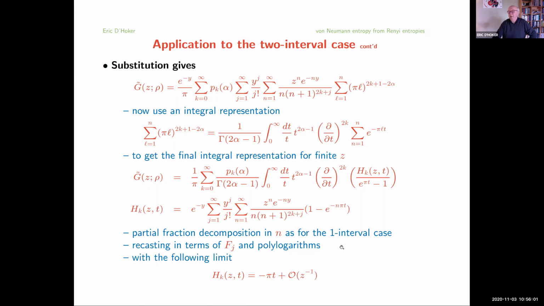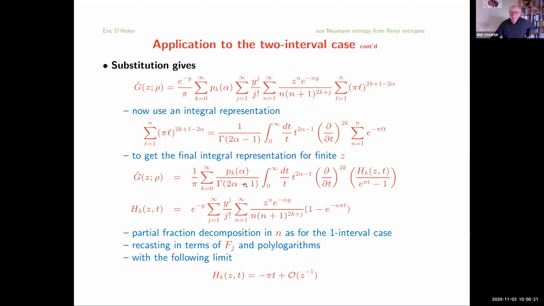And I'm going to spare you the details. It's not complicated to work it out, but you have to work on it a bit. By the same type of argument that we used in the same expansion of the polylogs, you actually find that the limit of hk is minus pi t plus 1 over z.